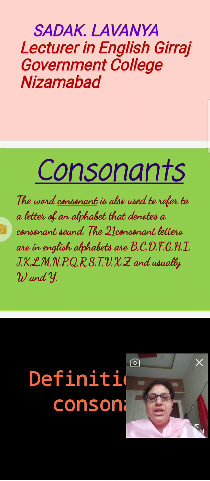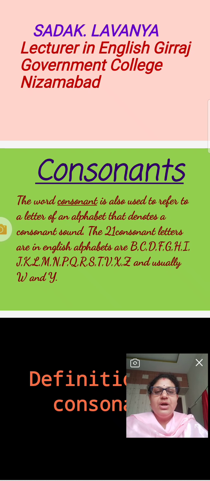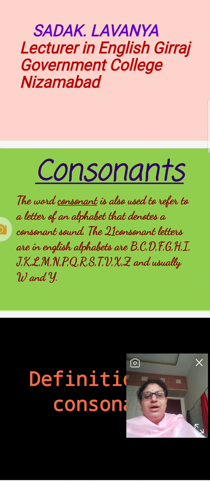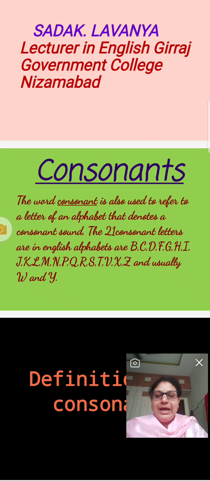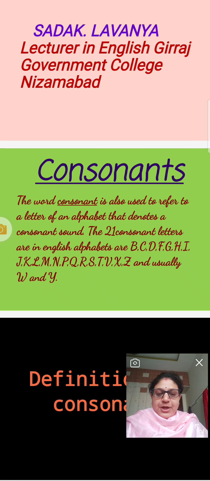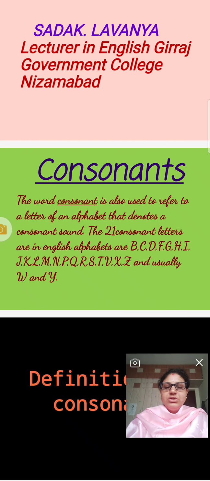They are B, C, D, F, G, H, J, K, L, M, N, P, Q, R, S, T, V, X and Z. And usually W and Y are also used as consonants.